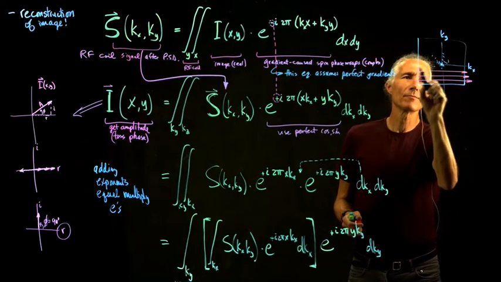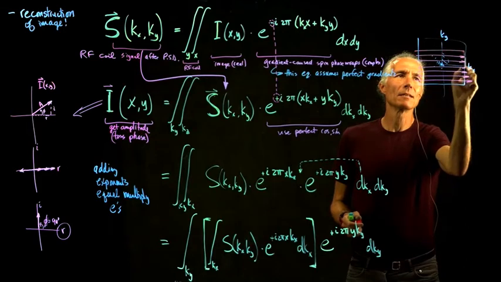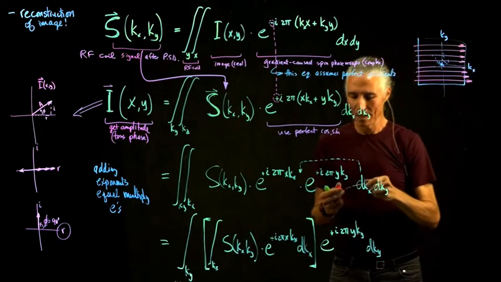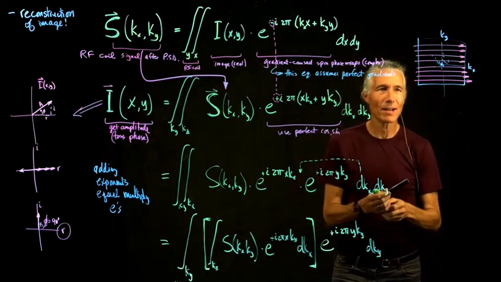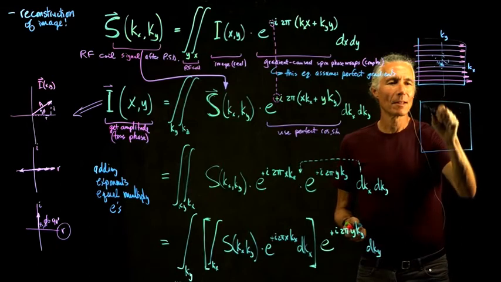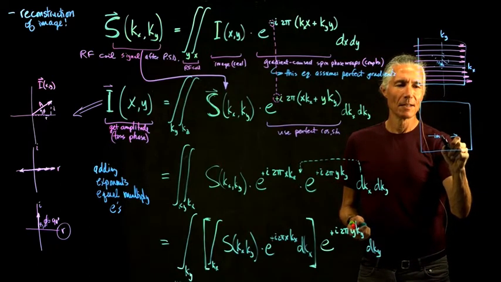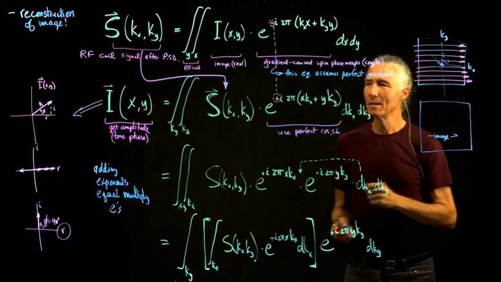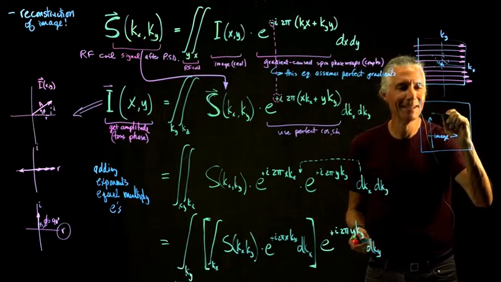So just Fourier transform in the x direction, and then put the data back in there. And so now what do you have? Now what you have is something that in this direction is an image, but in this direction, it's still k-space.